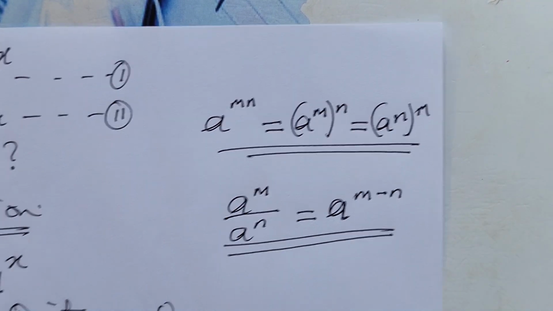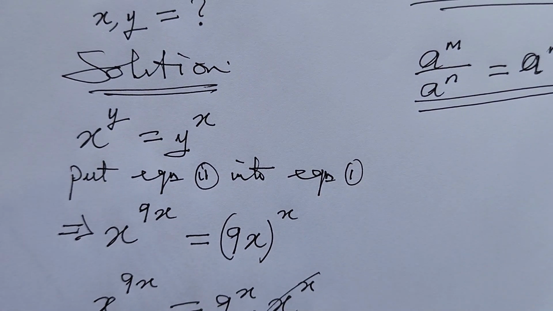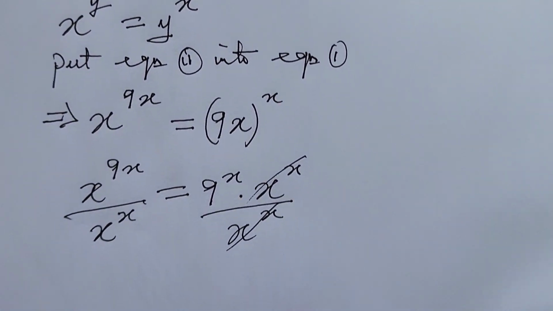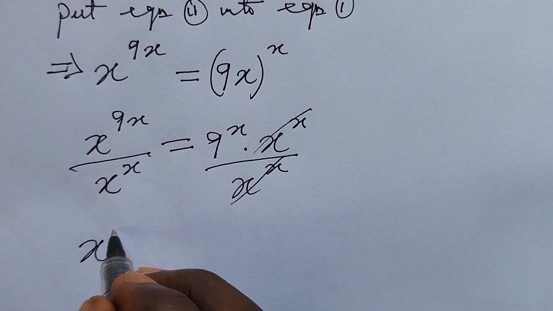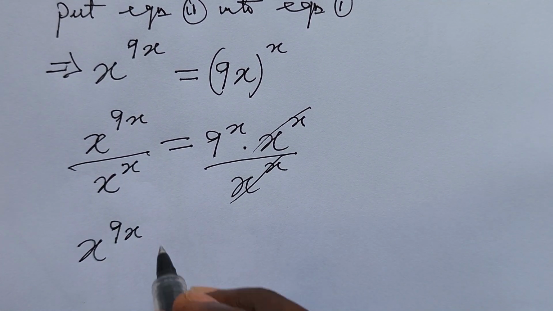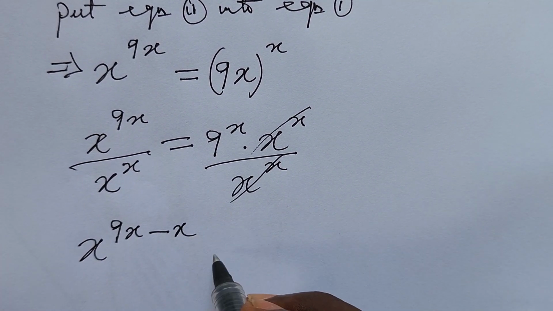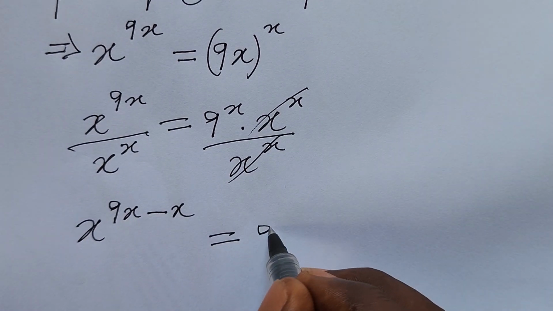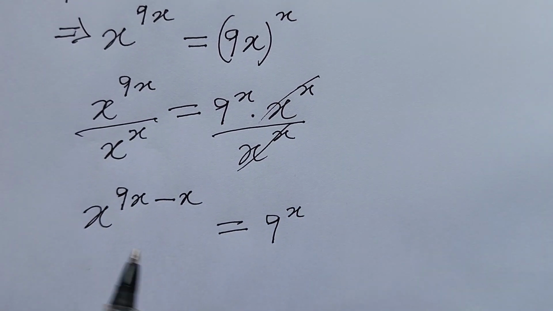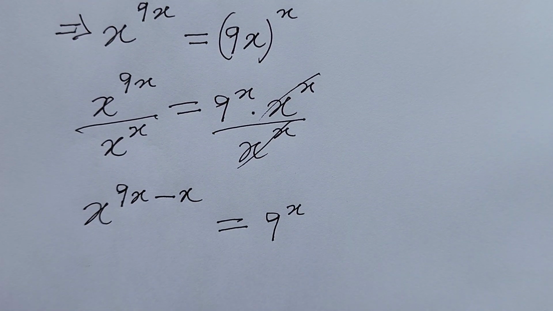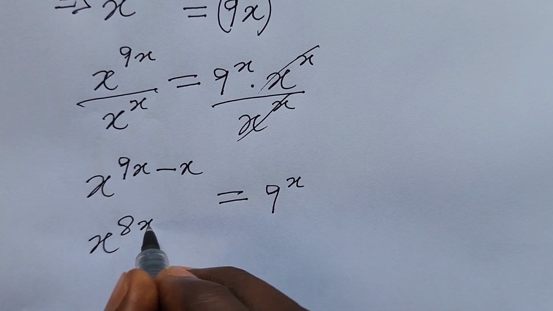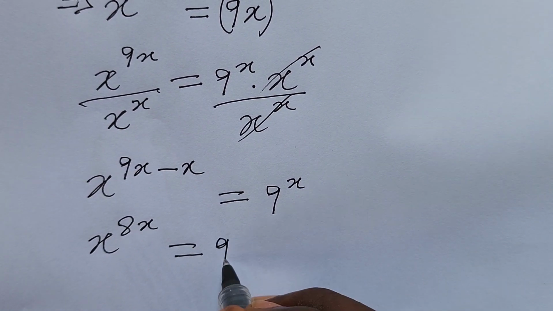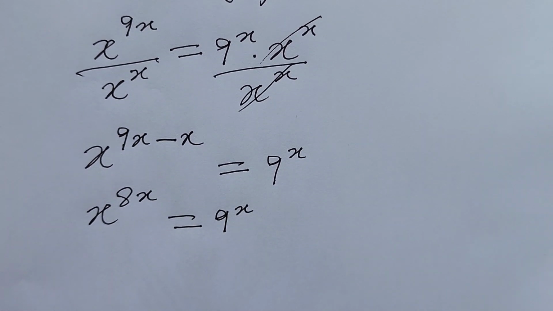You all know this, right? Good. So we apply that same rule here. This gives us x to the power of 9x minus x equal to 9 to the power of x. We can carry out a simple arithmetic here, and this gives us x to the power of 8x, which is equal to 9 to the power of x.